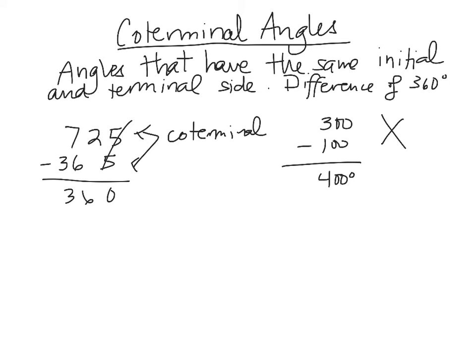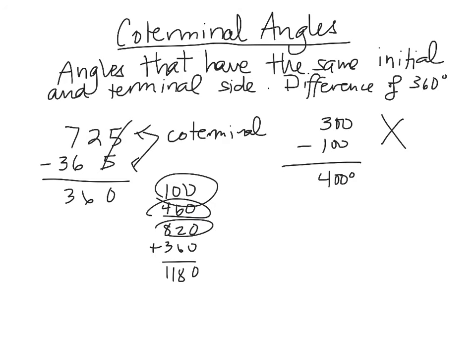The whole point is coterminal angles have the same value, so the same x coordinate, same y coordinate. And I can add 360 over and over again. So 100 is coterminal to 460, which is coterminal to 820, which is coterminal to, if I add 360, 1180, and so on and so forth.